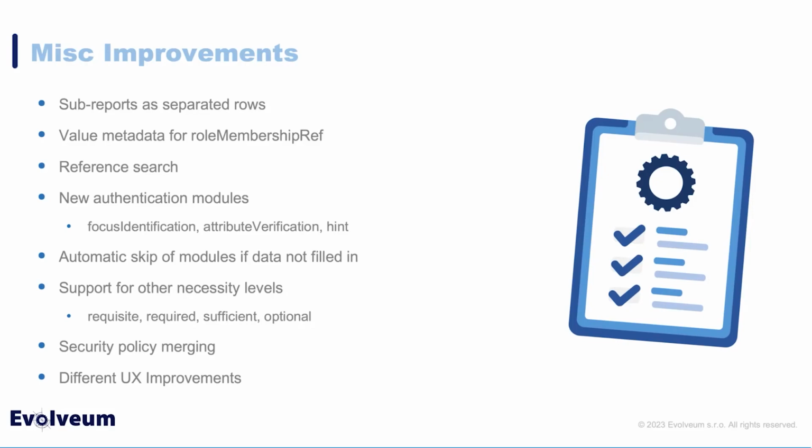It is possible to define different required, requisite, or sufficient modules. The overall status of the authentication is evaluated based on the result of each executed module. For example, if there is any required module in the chain which evaluation failed, the overall authentication status will be failure.